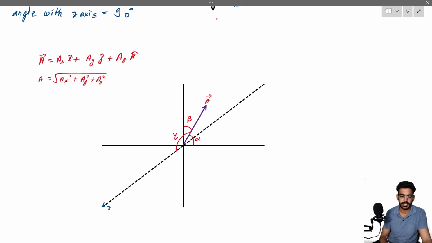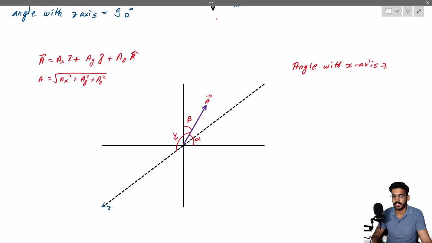Now I defined alpha, beta, gamma, whatever it is. Now how to write down the angle with x-axis? Let's find out the angle with x-axis. So what I am trying to find out is the angle between a vector and x-axis, right? For the x-axis we can take one vector. What vector can we take? i cap, right? I cap I can take.